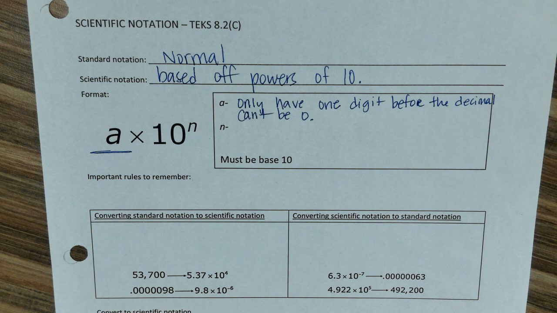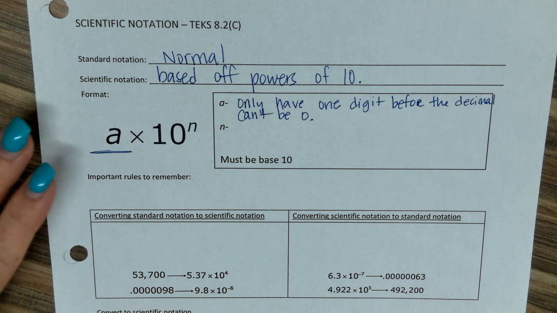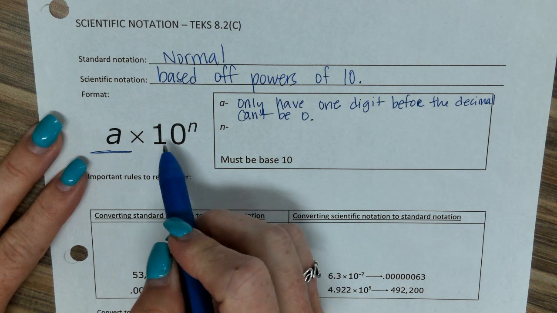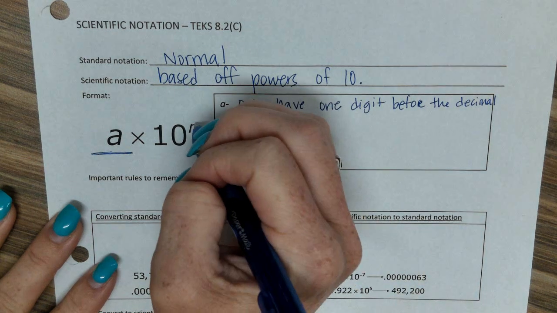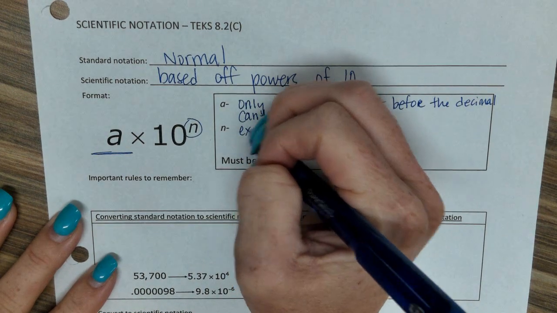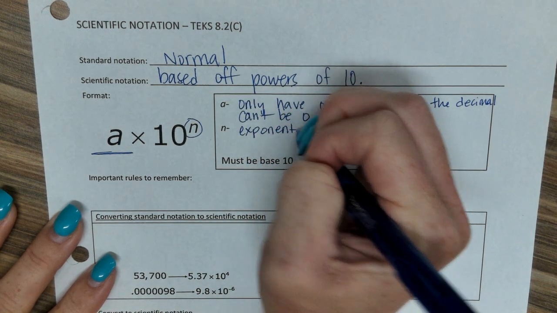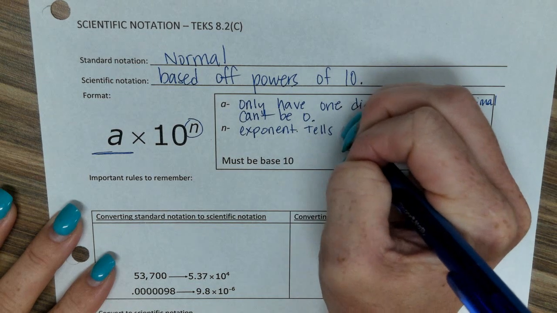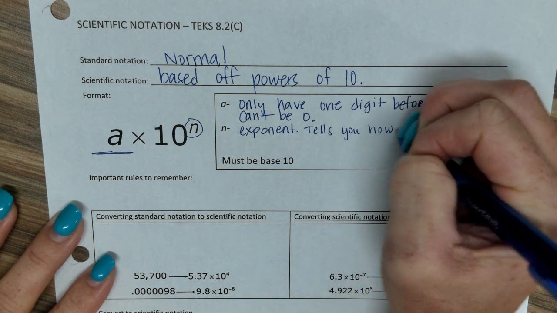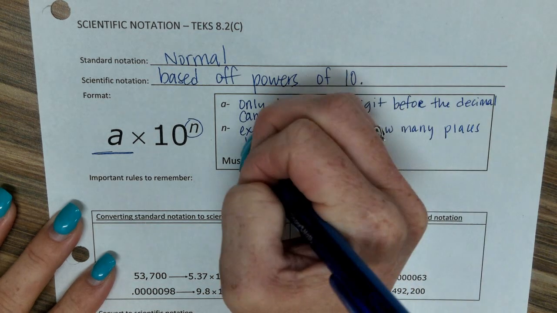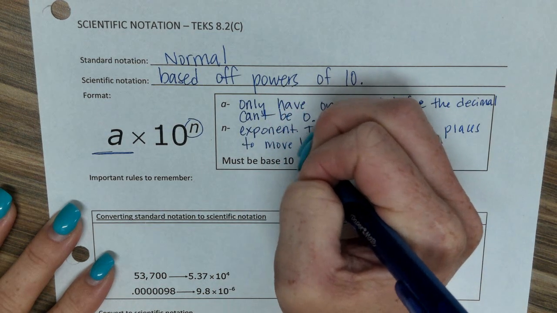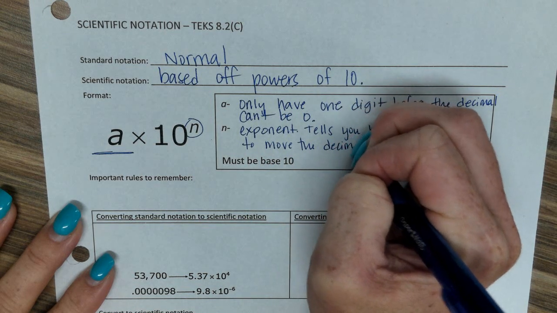That's just the rule they made up, okay? Then you're going to always multiply by 10, because that's what it's based off of, powers of 10. And then this number right here is the exponent. It tells you how many places to move the decimal.